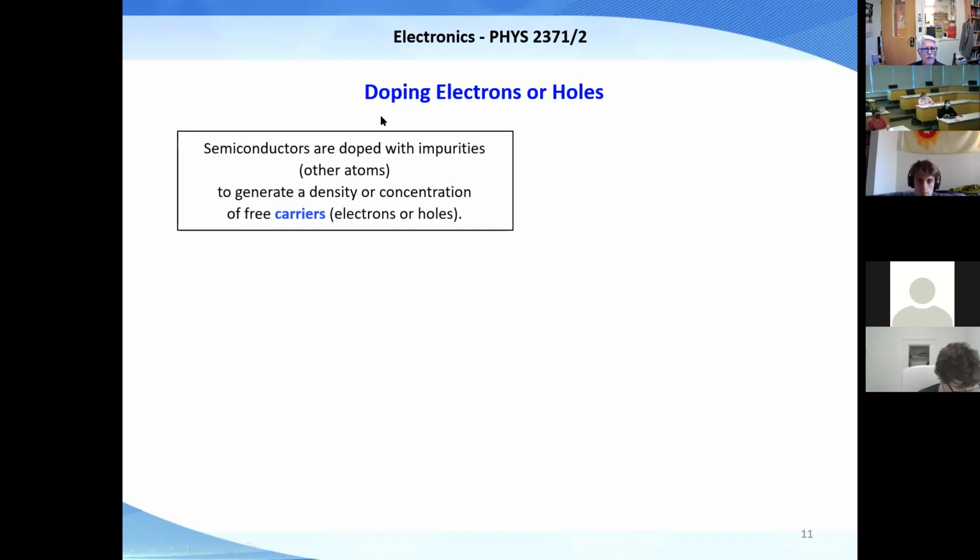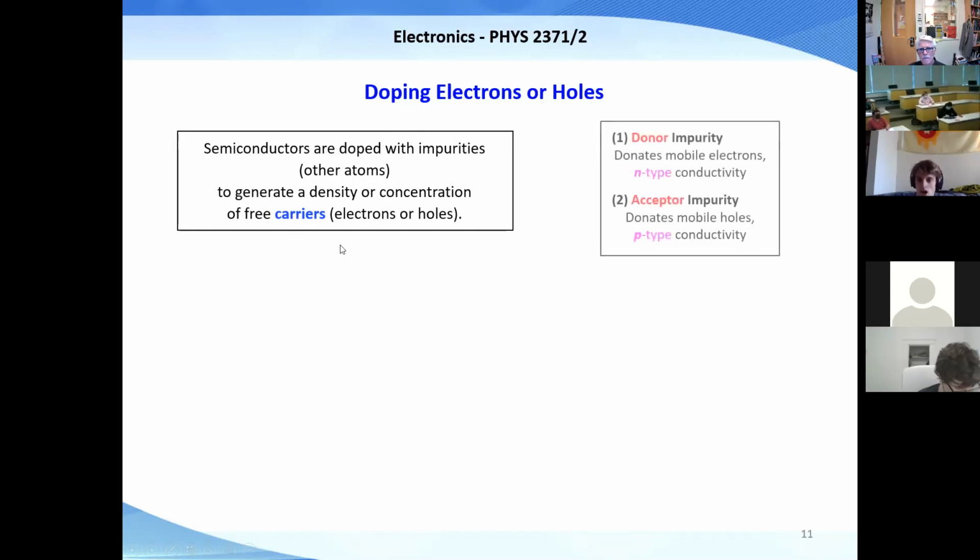Okay. So for electrons or holes, we call them free carriers. They just carry electricity. So when you have extra electrons, you get them from what's called donor impurities. They're donating electrons, and because they're negative, you call them N-type. N-type, N for negative. So donor impurity, and then you have something called acceptor impurity, which donates mobile holes, and because the holes are positive, we call that P-type.